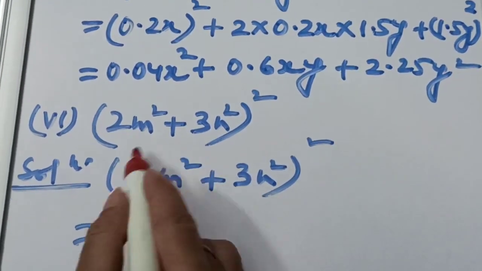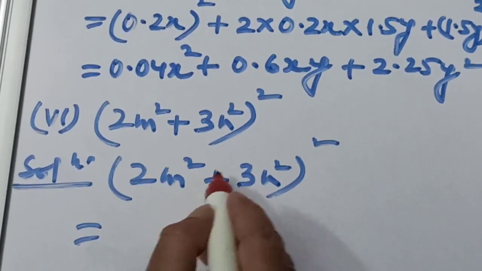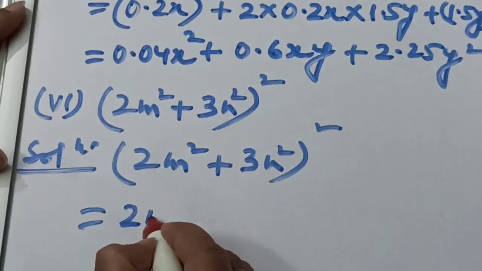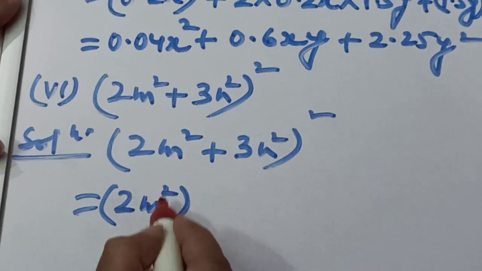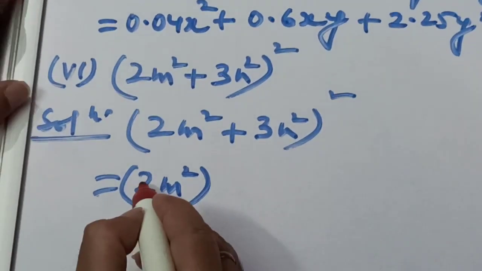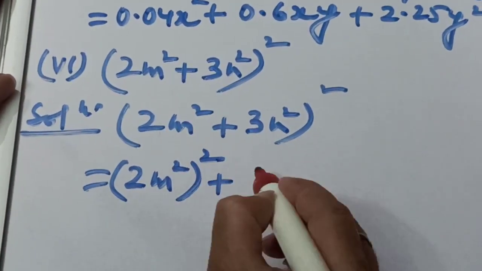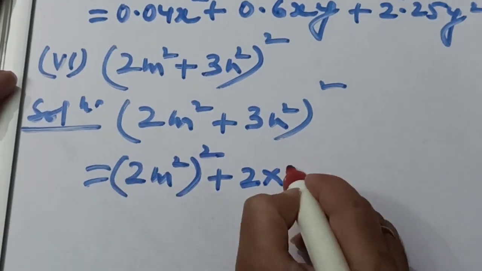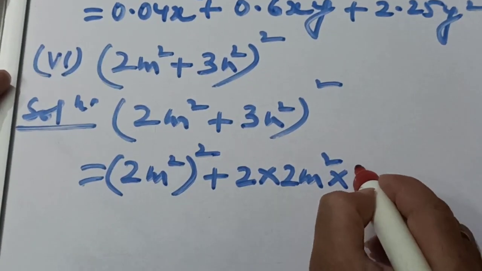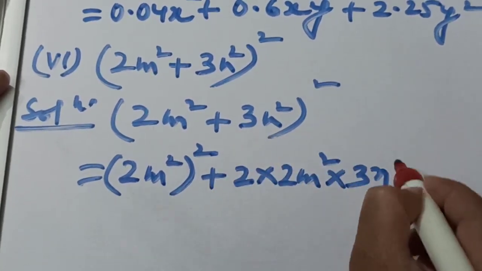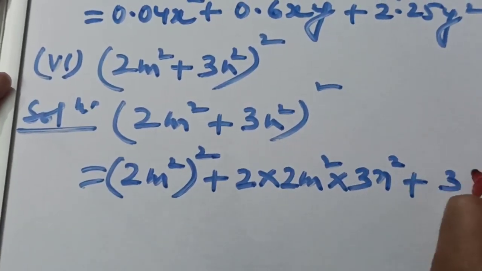Solution: that is treated as a, that is treated as b, a plus b whole square. So we write a square plus 2a, after that b, (3n square), plus b whole square.